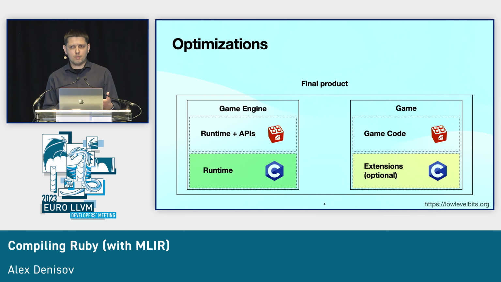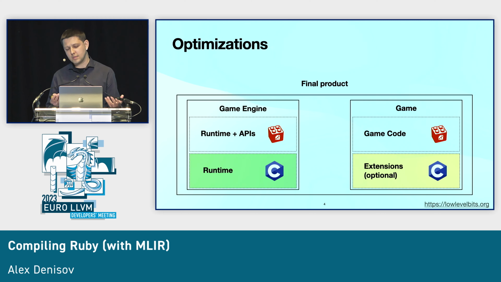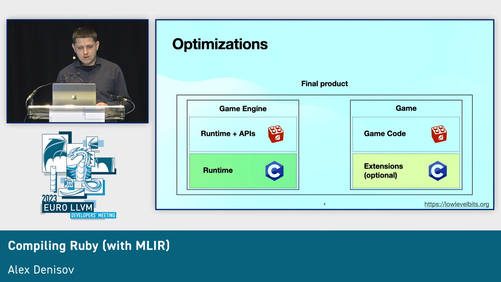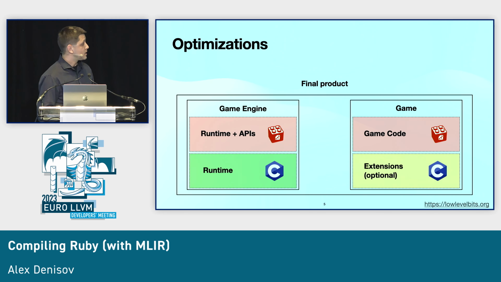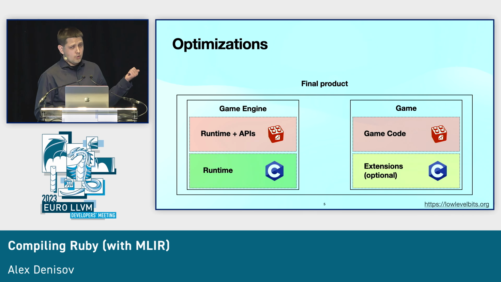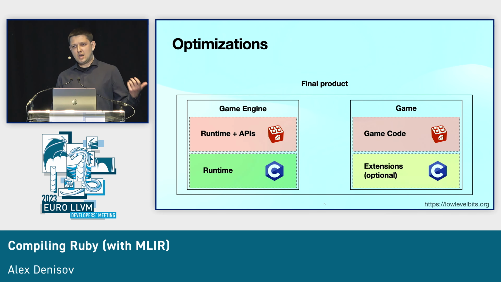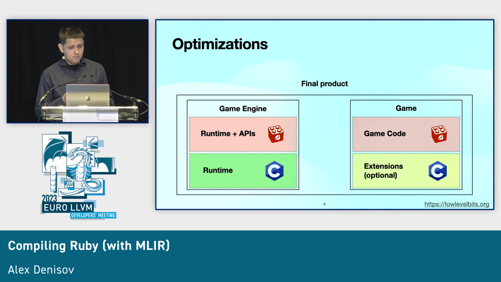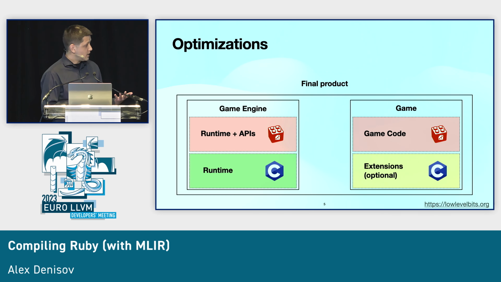To solve this problem, we would have to ship the runtime in some other common form like LLVM bytecode, for example. But what actually struck me was, what about all this Ruby code? It's not optimized at all because we are using an interpreter, and most of the Ruby implementations are about interpreters.